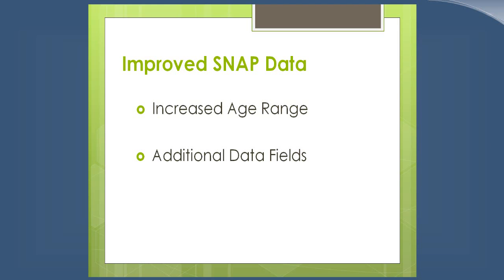And if you're limiting your age range, you are not getting access to that SNAP record to be able to match against somebody. So the first thing you want to do is take a look and say, what is our actual age range of kids that are in our schools, and make sure that SNAP is providing you with a data file that meets that age range.